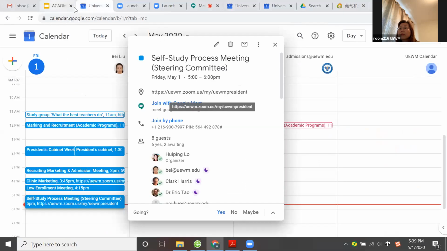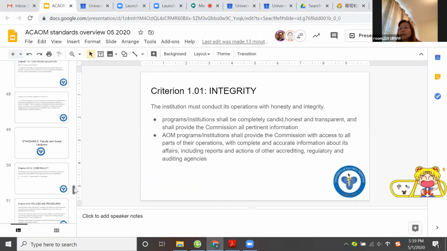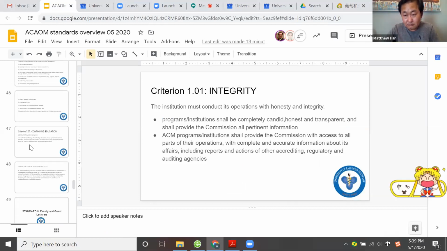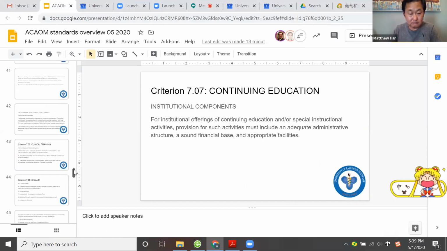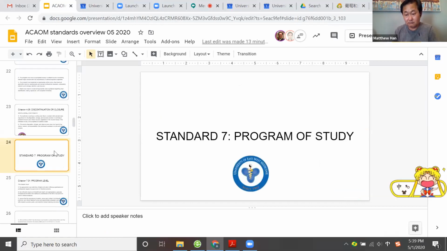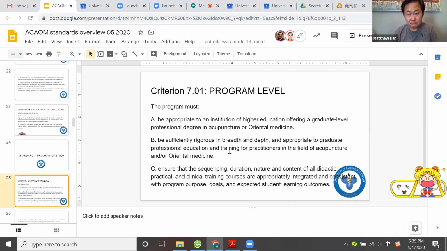Since this one is really complicated, there is a lot of information. Yeah, so this is talking about our whole program.